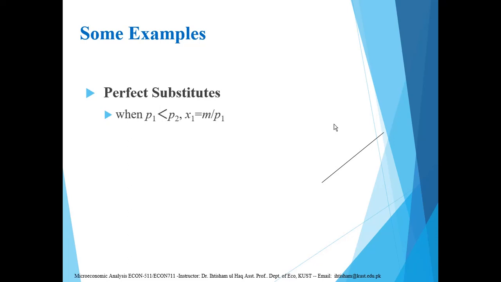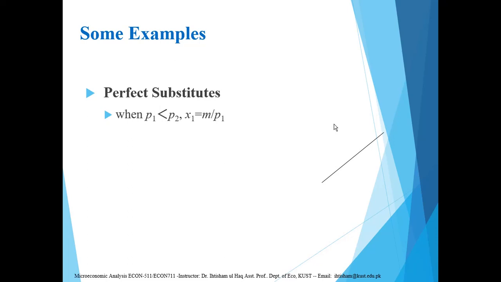Now what will be the demand if p1, the price of x1, is less than p2, the price of x2? In this case, if he can get the same level of satisfaction from both commodities, and the price of one commodity is less than the other, he is going to buy the cheaper good and not any unit of the expensive good, in this case x2.